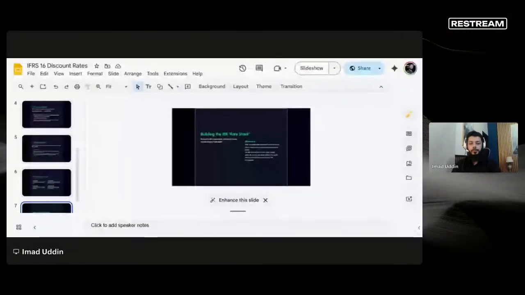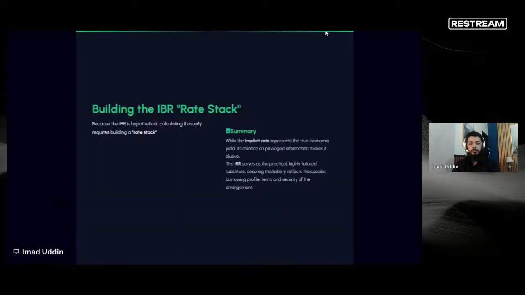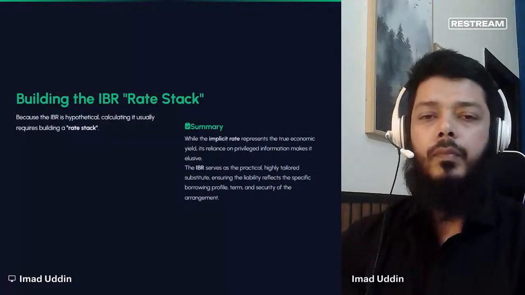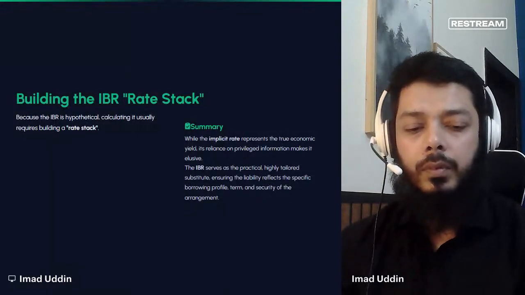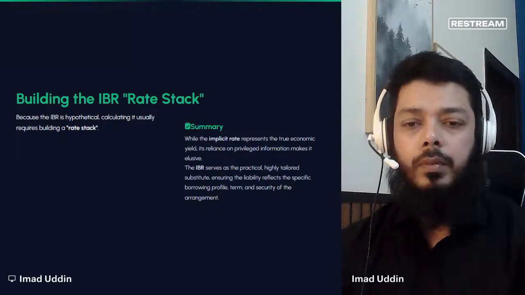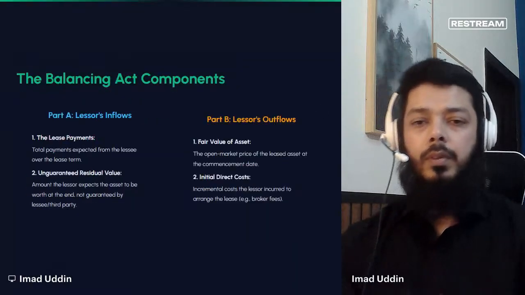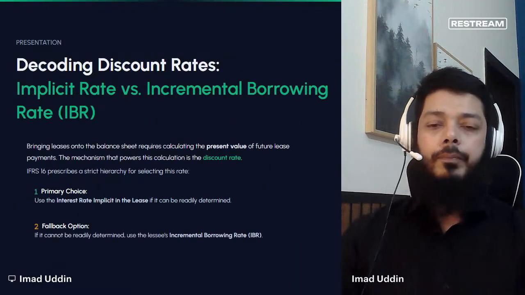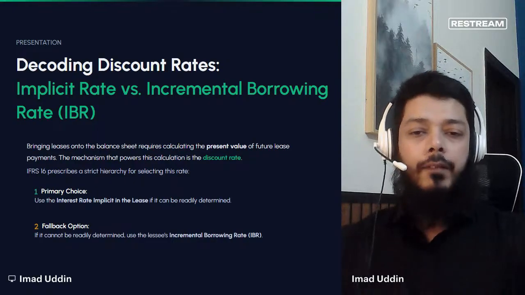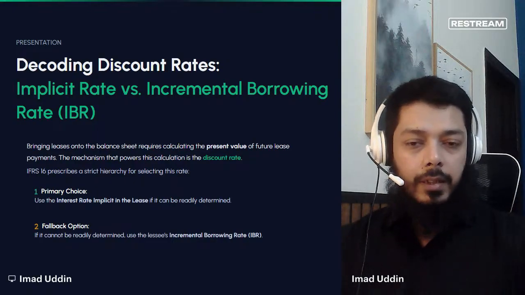So let me share the next slide, which is on IFRS 16 discount rates. Okay, so as we discussed, we have two discount rates for the lessee.